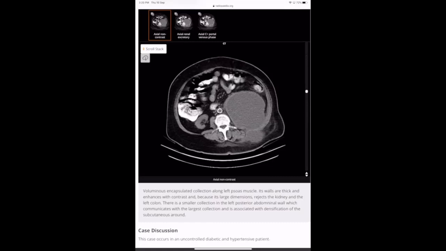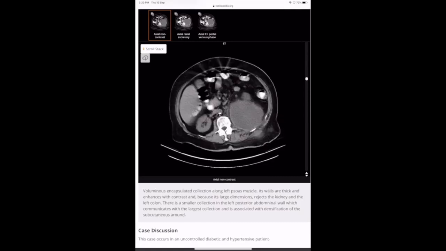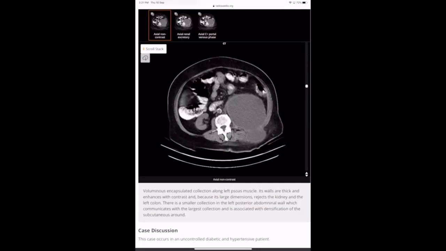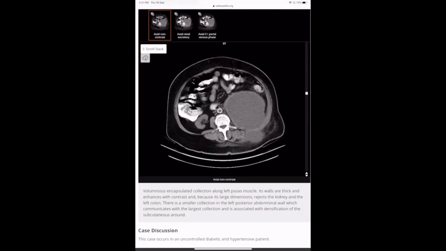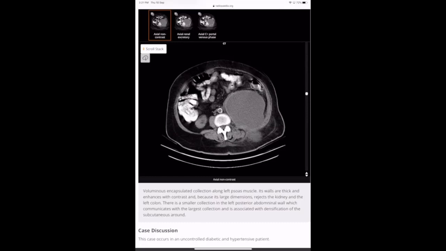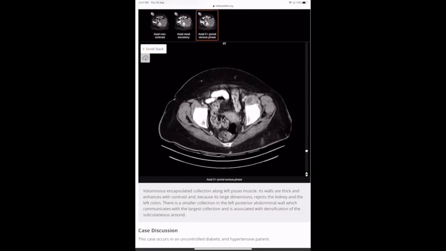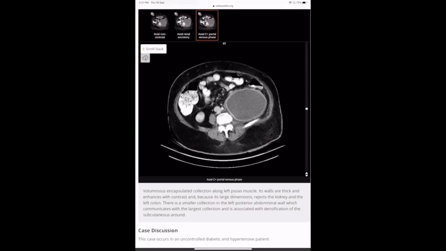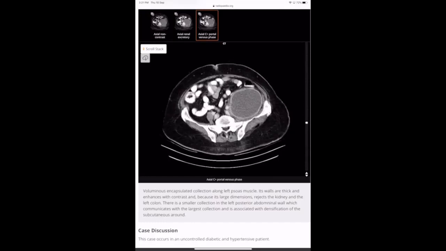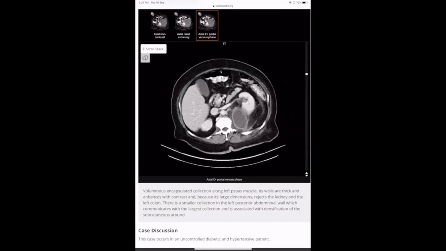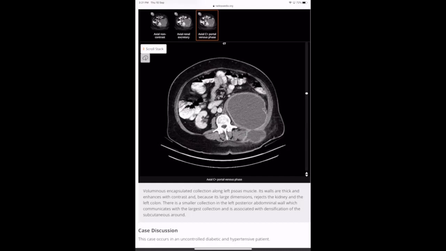It is axial non-contrast. If you do an abdominal CT, it will appear like that. That is the psoas abscess. You clearly see the psoas abscess. If you scroll down, you see the different parts of the psoas abscess.